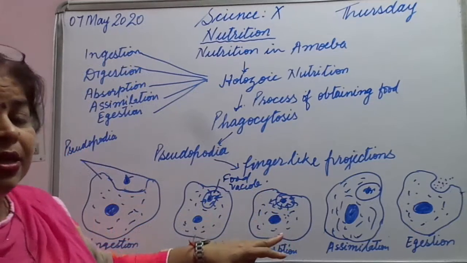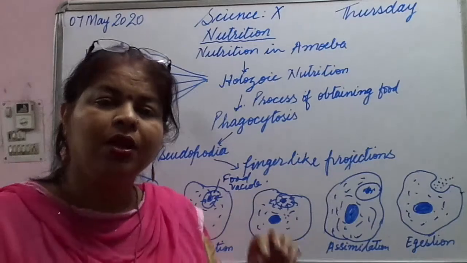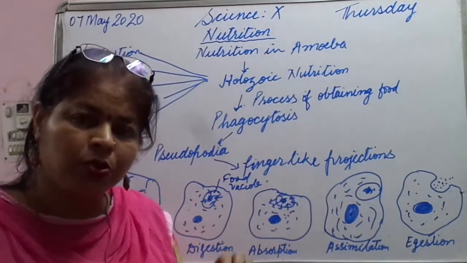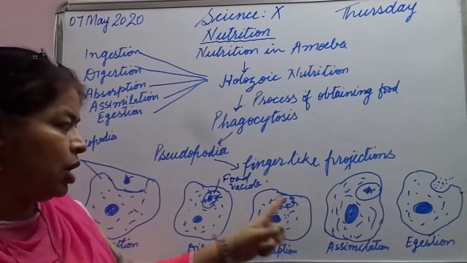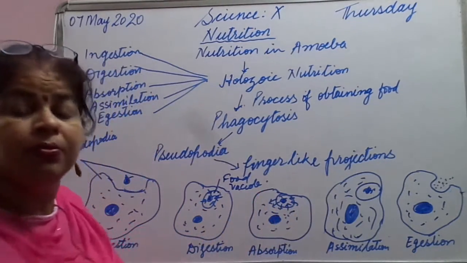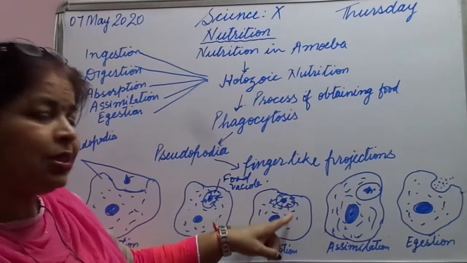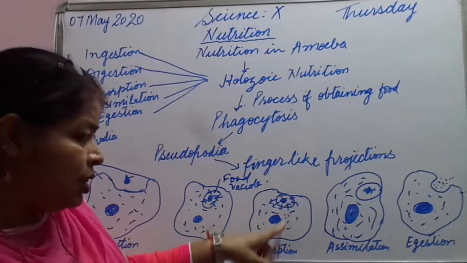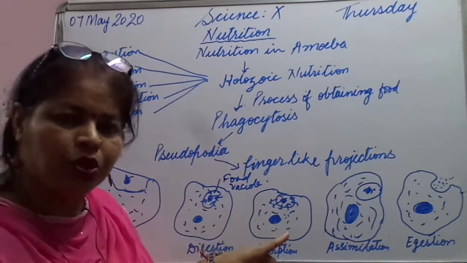Then comes the next step, that is absorption. In absorption, the food particles that were broken down in the food vacuole are absorbed into the cytoplasm of the amoeba. This process is called absorption.